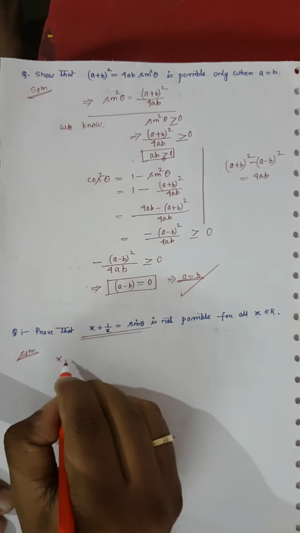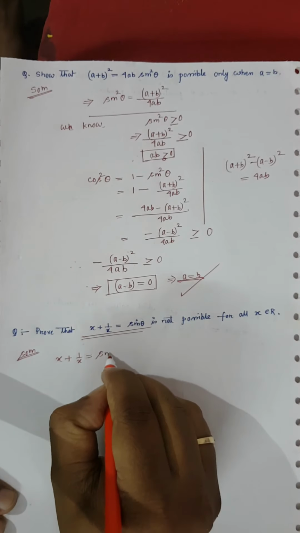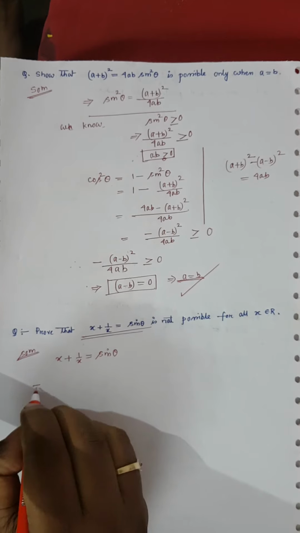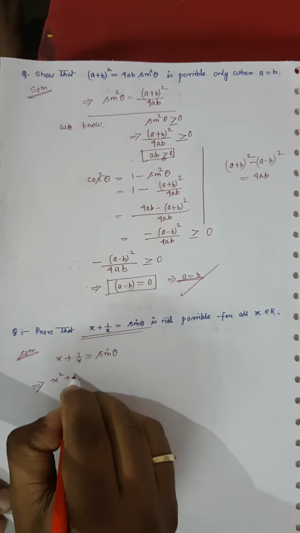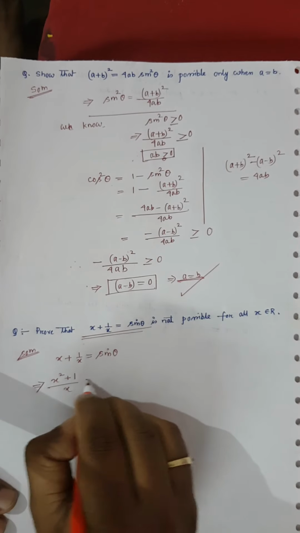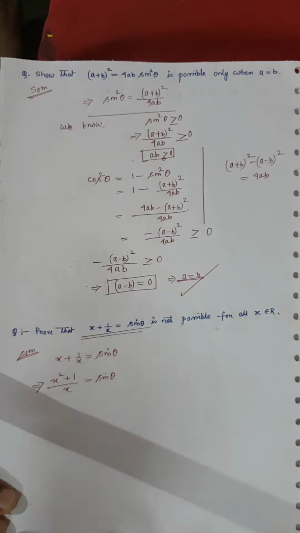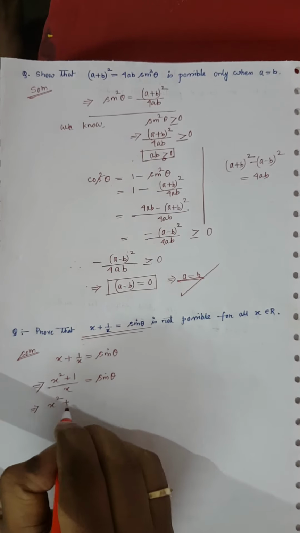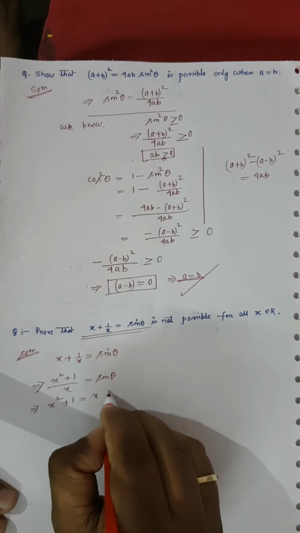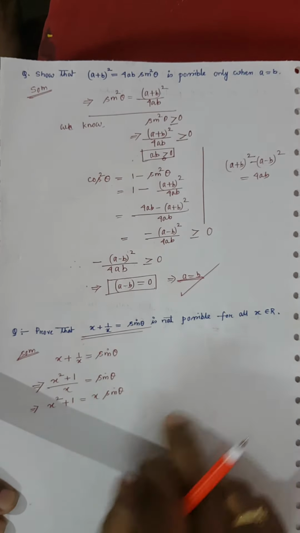We're given x plus 1 by x is equal to sin theta. If you take LCM, you'll get (x square plus 1) by x is equal to sin theta. Now you'll get x square plus 1 is equal to x sin theta, multiplying by x.